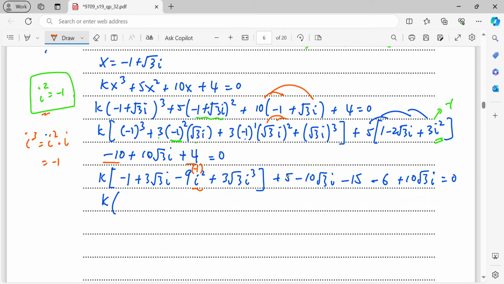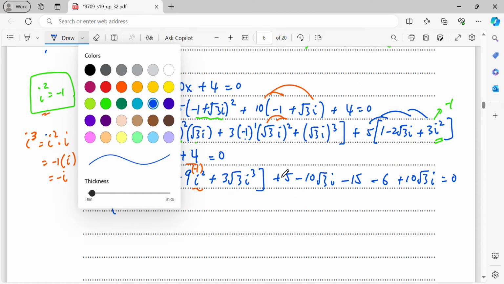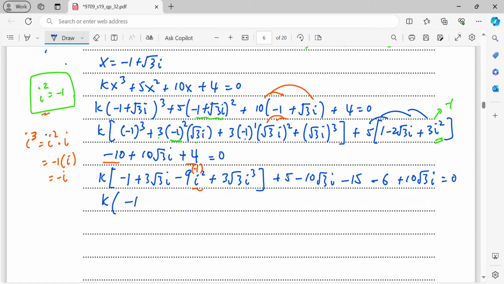Since i squared is minus 1, that means it's minus i. So i cube is going to be minus i. Therefore, alright, I will write minus 1 plus 3√3 i. This is plus 9. Then minus 3√3 i. Then the rest I will simplify. So 5 minus 15 is minus 10. Minus 10 minus 6. So you get minus 16.